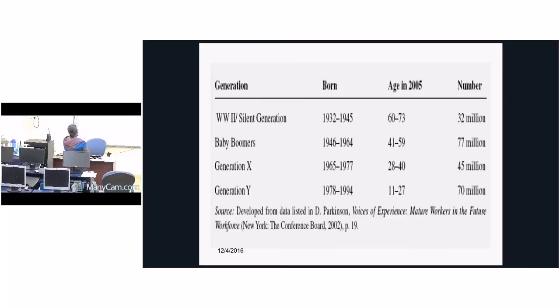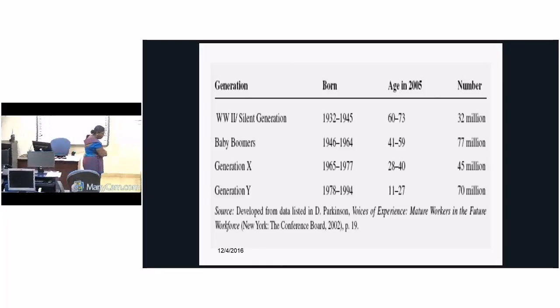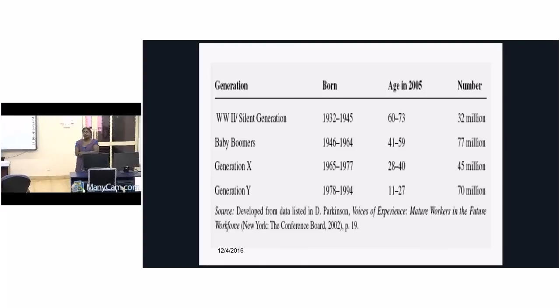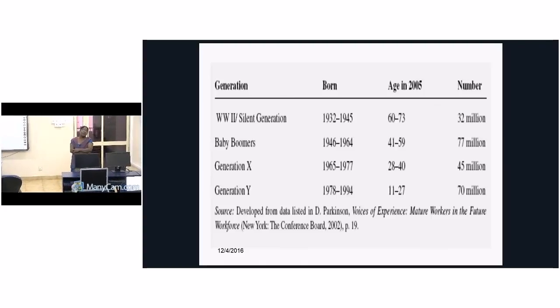Then the people who were born between 1946 and 1964 are called baby boomers. So baby boomers are the people who were born after the Second World War.